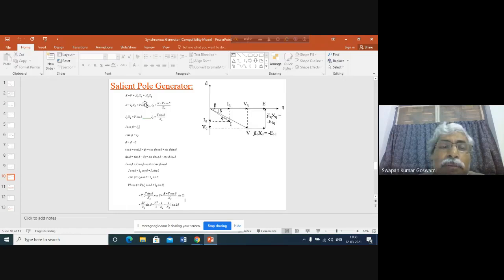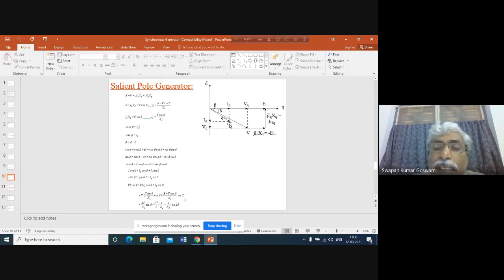Since we are representing the machine using two reactances, one along the direct axis and one along the quadrature axis, we shall divide the current also into two components, one along the direct axis and another along the quadrature axis.